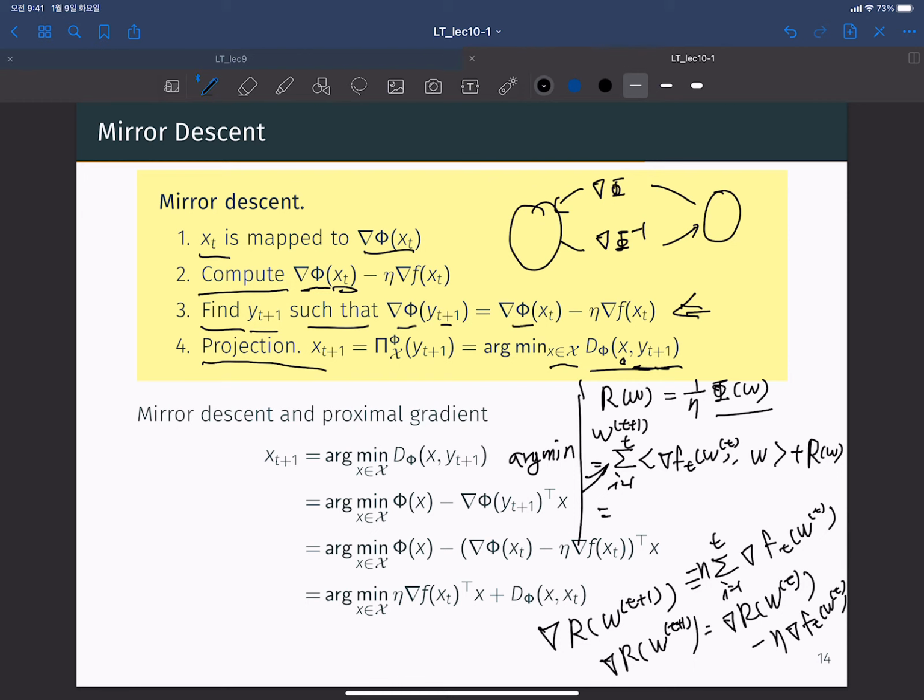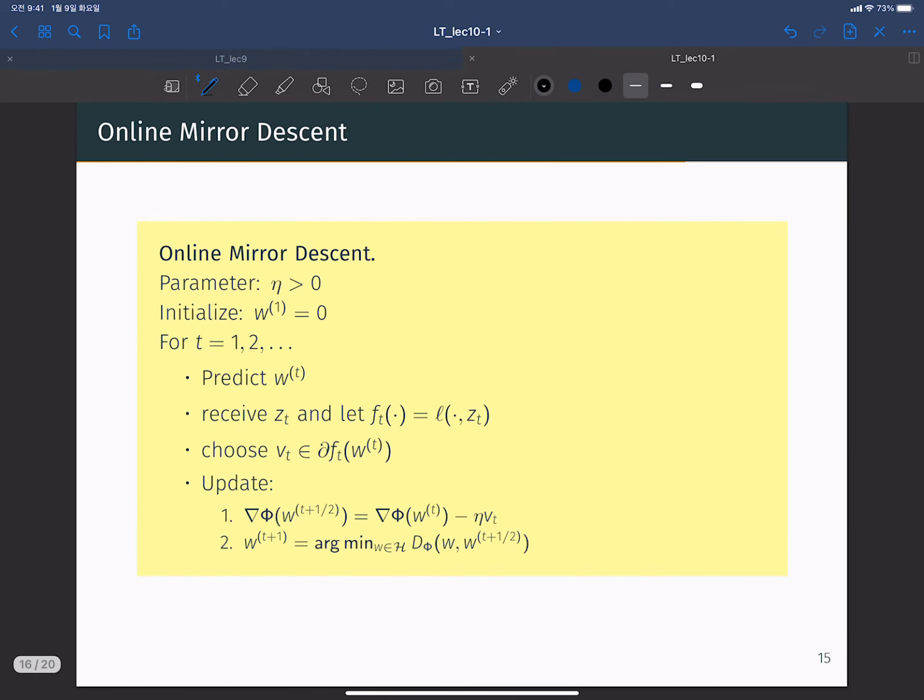Formally, online mirror descent starts with learning parameter eta and a starting point. At each time we predict w_t and receive the loss value and the gradient, and update our parameter using the mirror descent rule. And if the value is outside of our parameter constraint, then we project the point to the inside of our hypothesis class using Bregman divergence. That is online mirror descent.